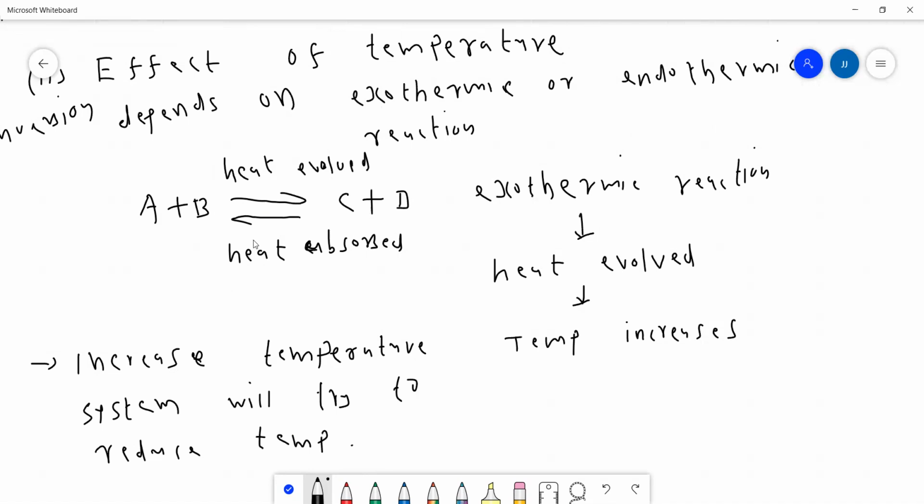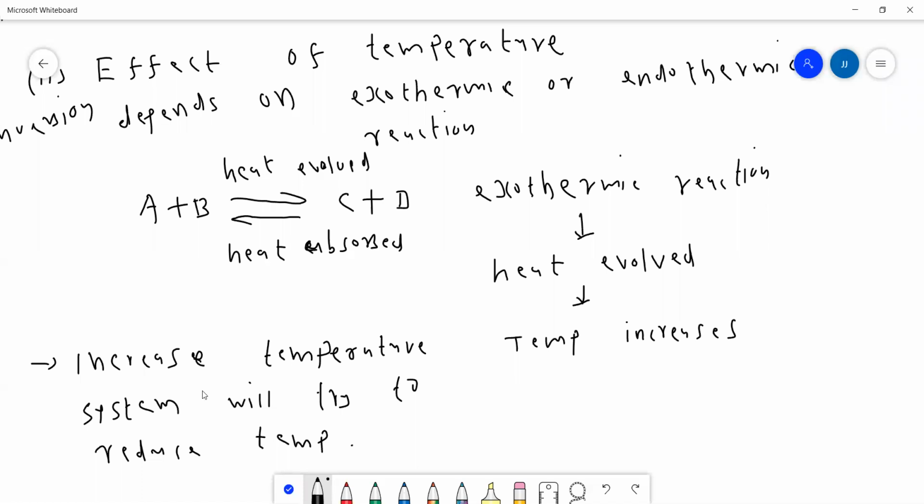So for the temperature to be reduced, heat must be absorbed during the reaction. In the forward direction, we know that heat is evolved, and then the temperature increases.